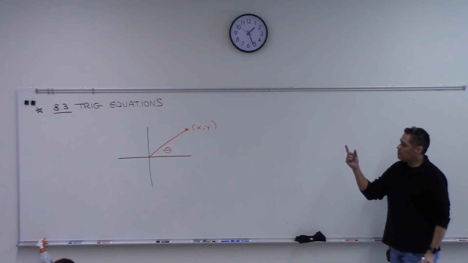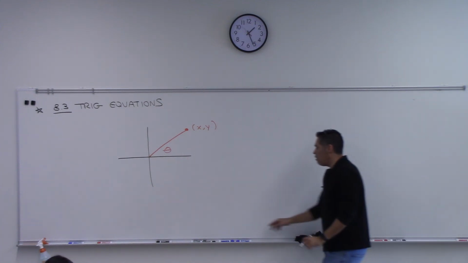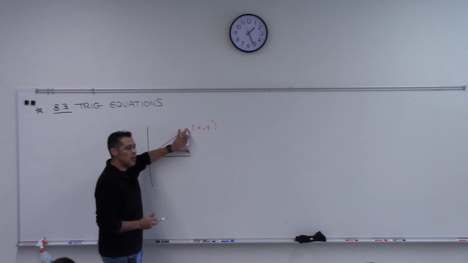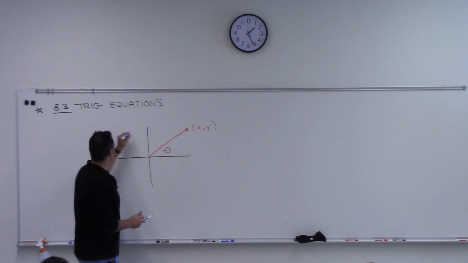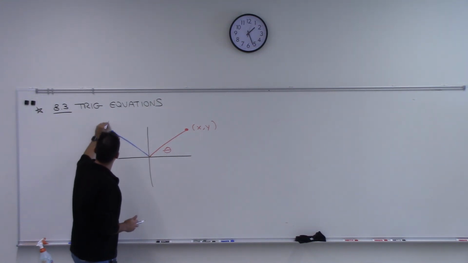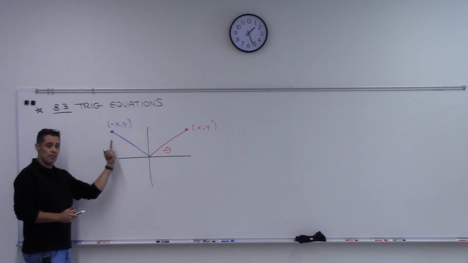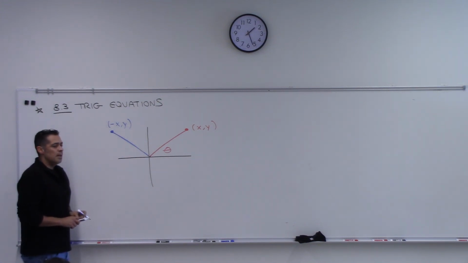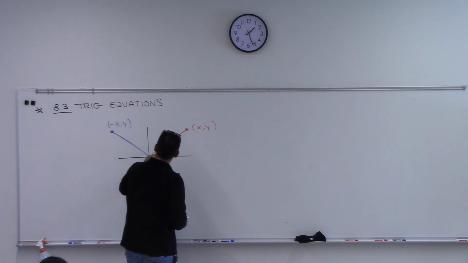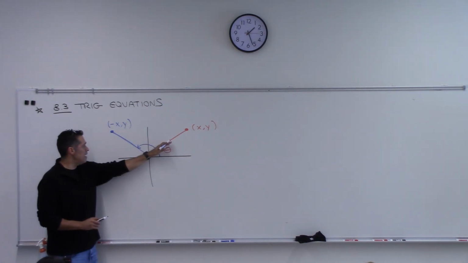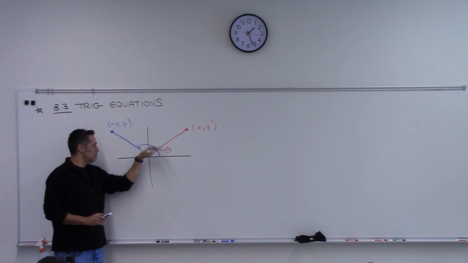Then if I were to reflect that point over into the second quadrant, where I just keep the y coordinate the same, but change the x coordinate to negative like this, and draw that, that'd be negative x and positive y. See, right? Just reflect it over. Can you tell me what this angle would be in terms of theta? So if this is theta, then what would this angle be? Like from here to here?